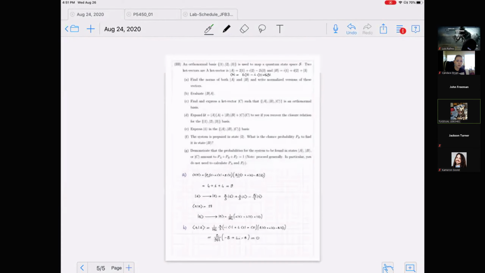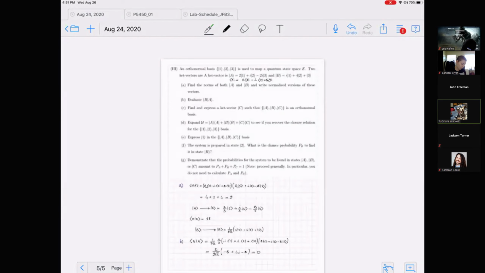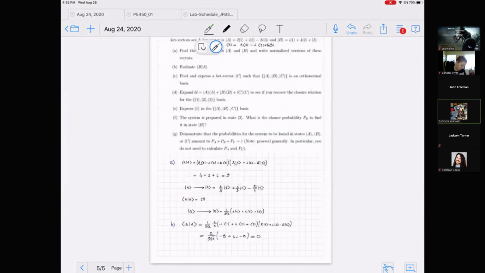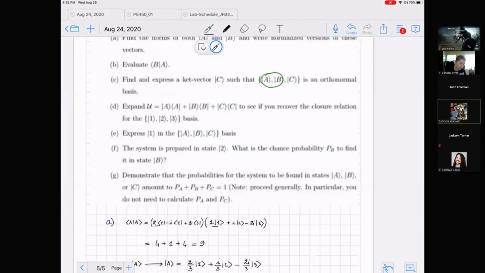So the question is, find and express a ket vector C such that ABC is an orthonormal basis. And you see that what we just obtained is that A and B are orthogonal to each other.